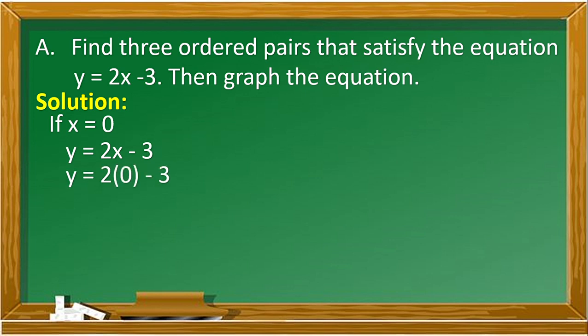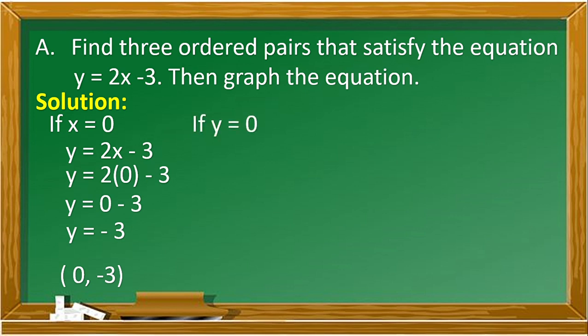We have y is equal to 2 times 0 minus 3. 2 times 0 is 0 minus 3. And therefore, the difference is negative 3. So therefore, the value of our y is negative 3. In terms of ordered pair, we have 0, which is the value of our x, and negative 3, which is the value of our y.